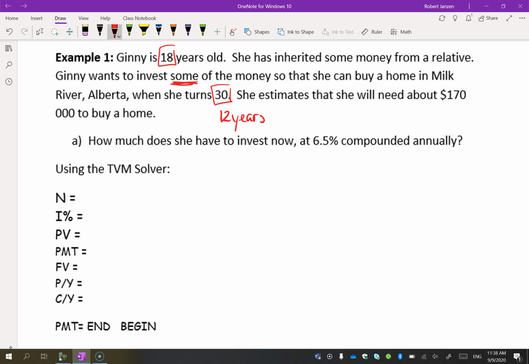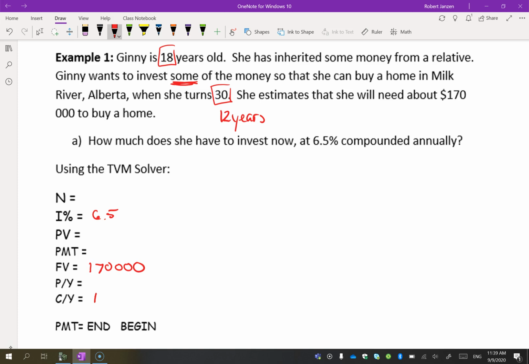She estimates that she will need $170,000. So that's what she wants to end up with. That is your future value. Okay, how much does she have to invest now at 6.5%? So 6.5% we can put here, compounded annually.